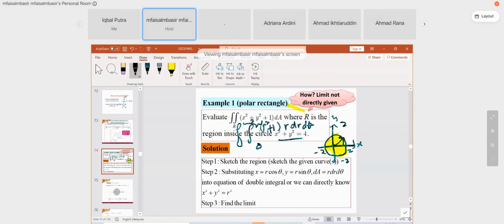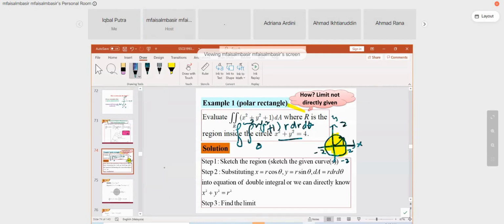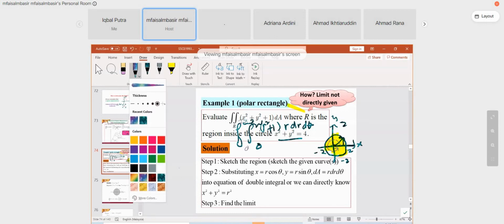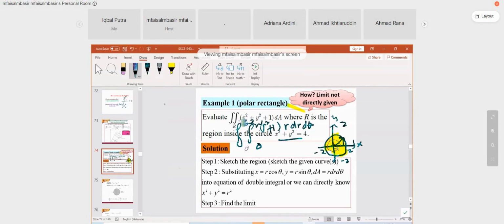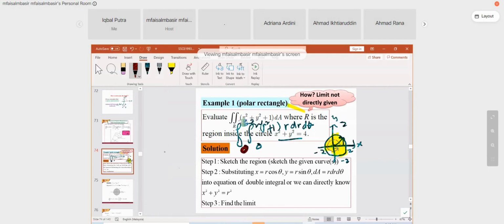So it starts from the pole axis until here, which is 0 to 2 pi.